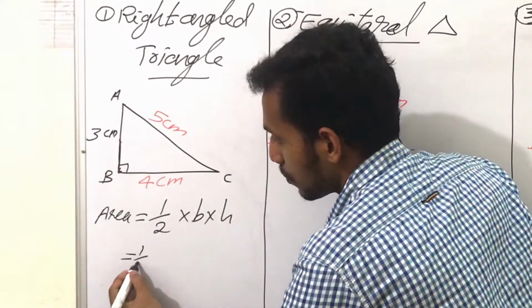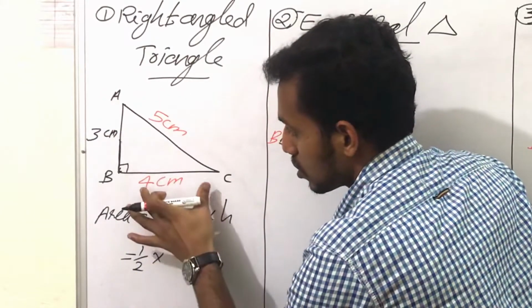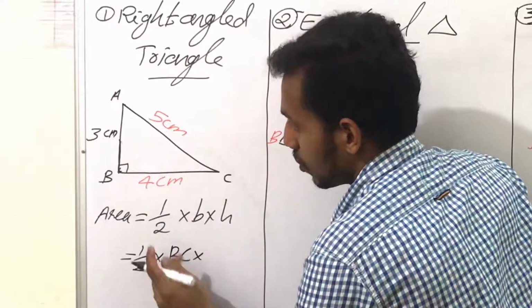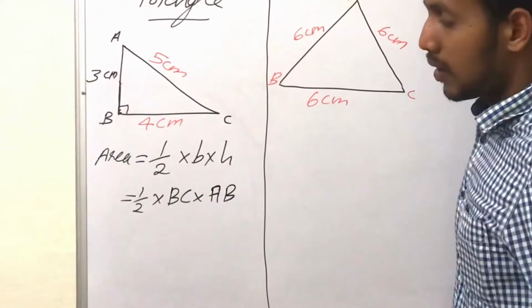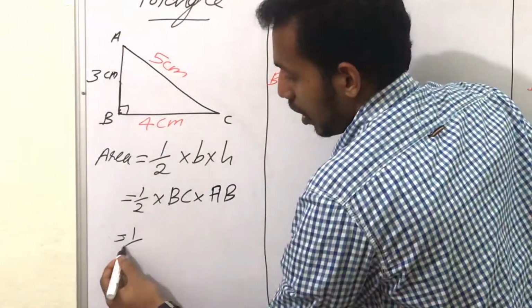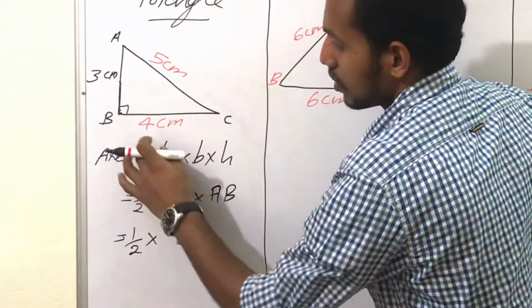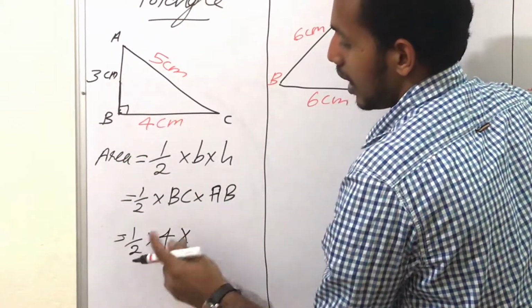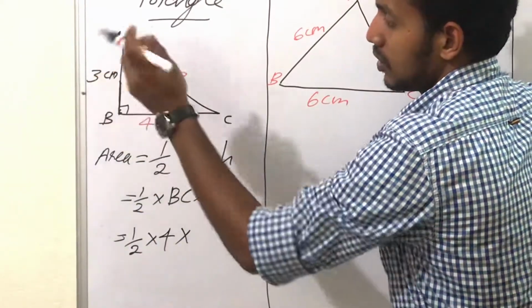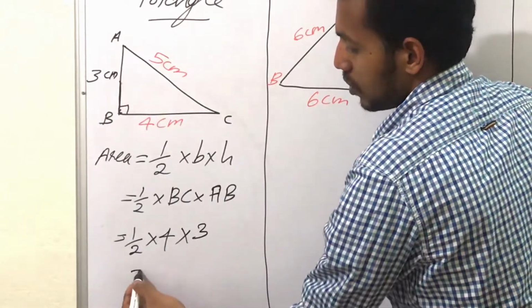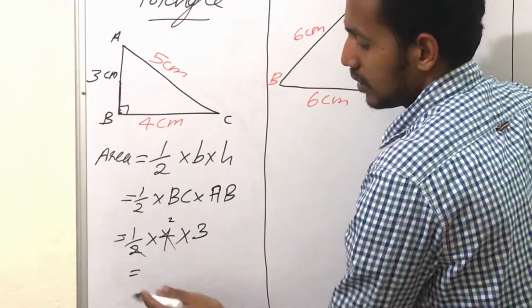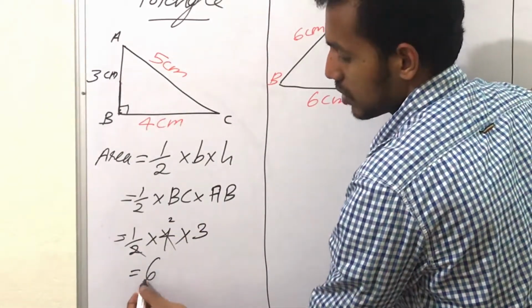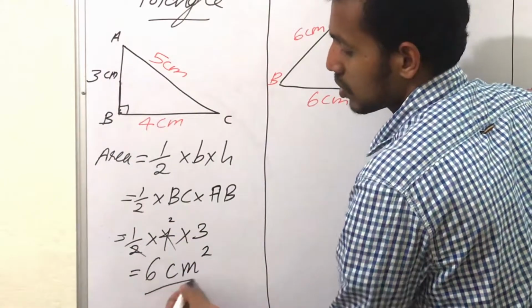So half into base BC into altitude AB. Now, half into BC is 4 centimeter and AB is 3 centimeter, which is equal to, 2 cancel, we will get 2 here. So 2 into 3 is equal to 6 centimeter square.